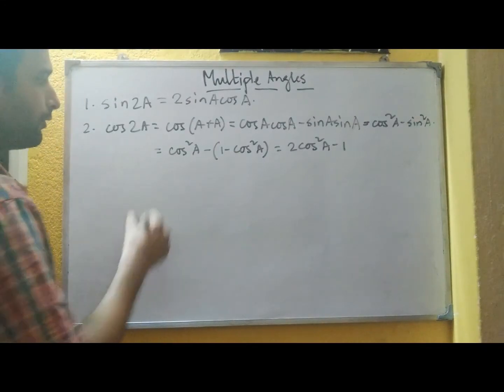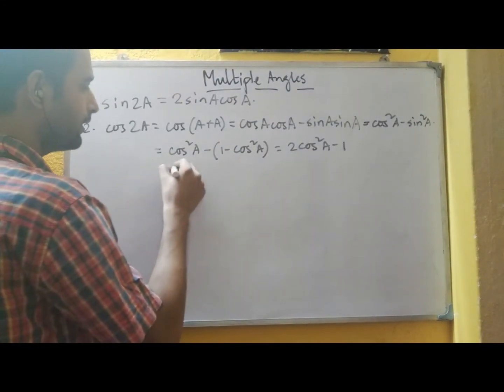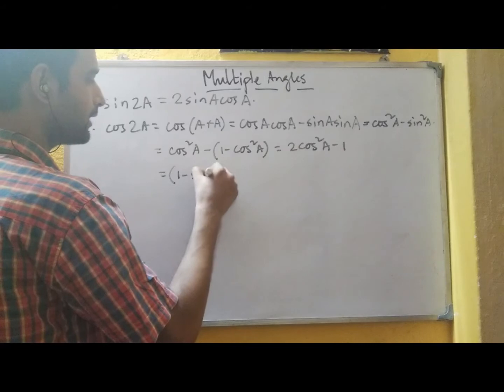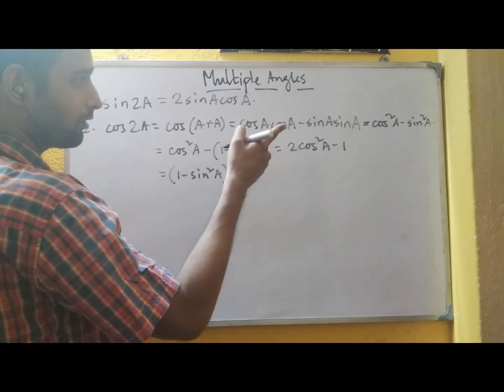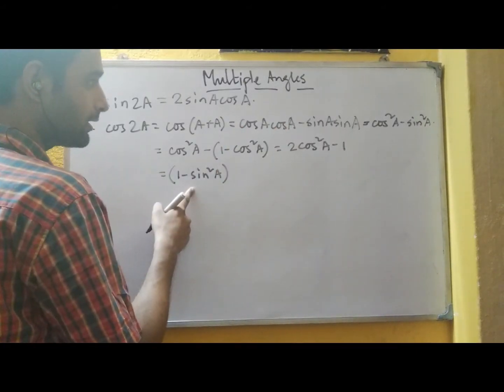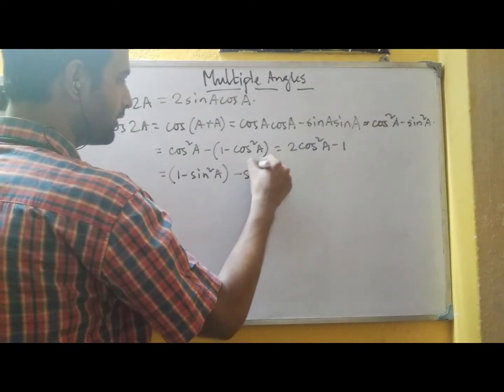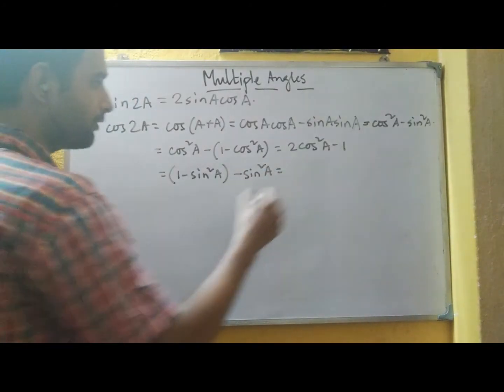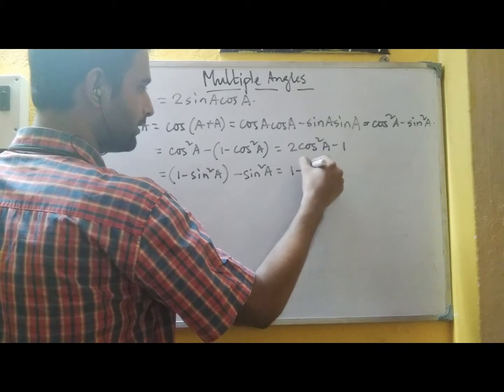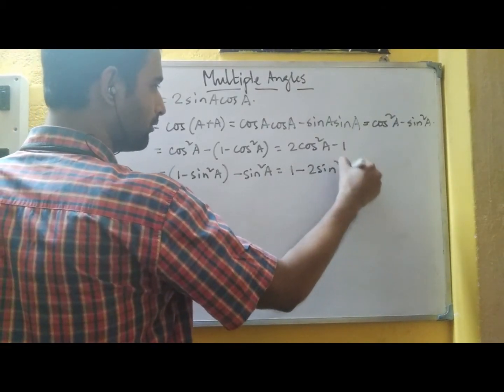And similarly, if you need this in form of sine, then the first term, cos square A, we can write as 1 minus sine square A, and the latter term as sine square A. So it will finally simplify to 1 minus 2 sine square A.